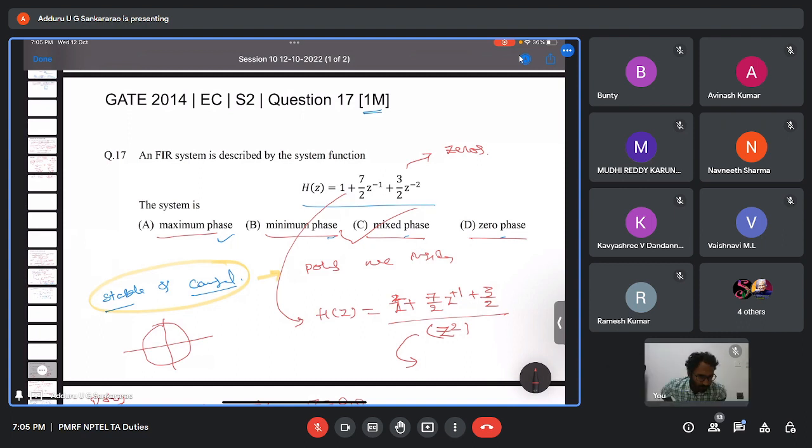No need to worry about filter coefficients here. Based on poles and zeros, we can comment whether it is minimum phase, maximum phase, or anything else.